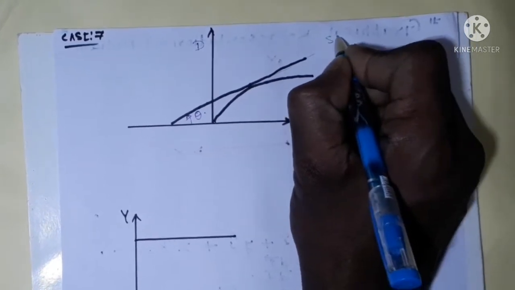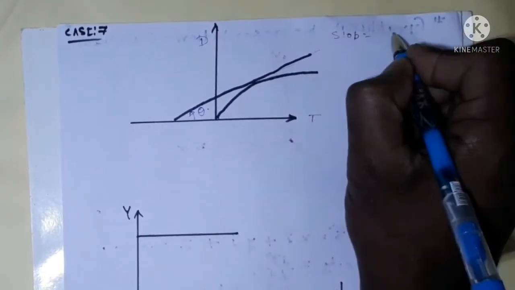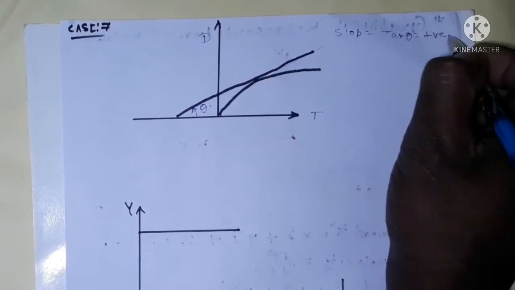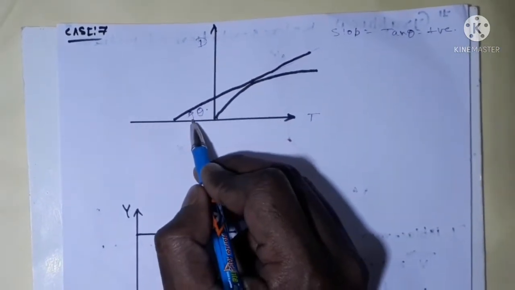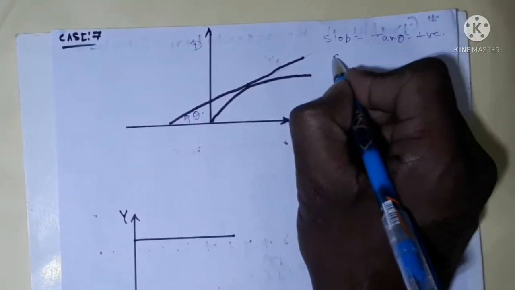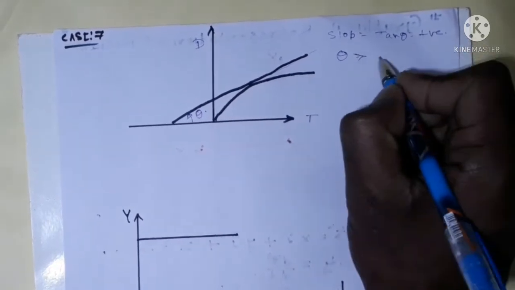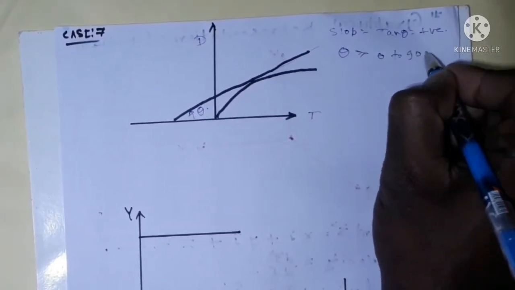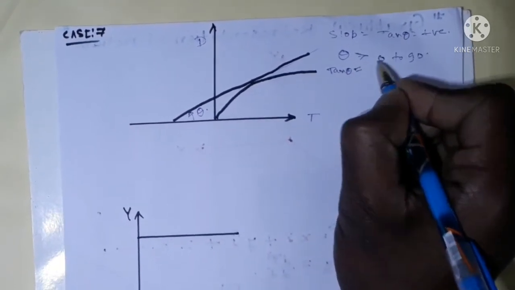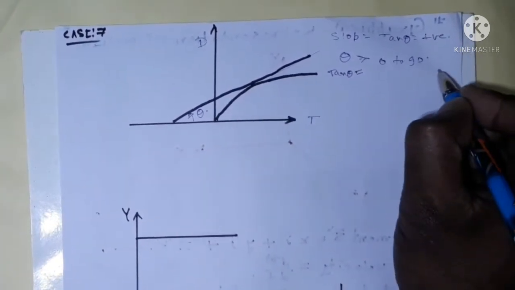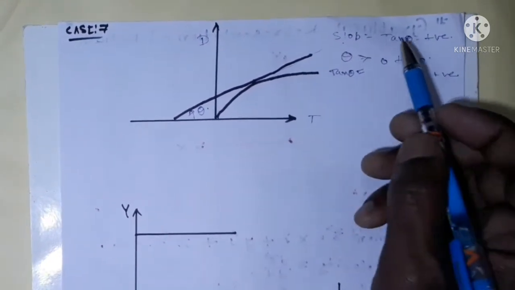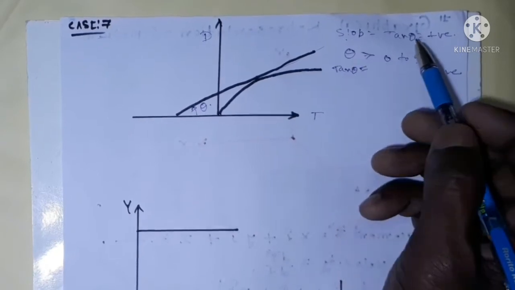The slope of this curve is tan theta. Tan theta is positive because the angle is between 0 and 90 degrees, and the value of tan theta from 0 to 90 is positive. Slope gives the speed.